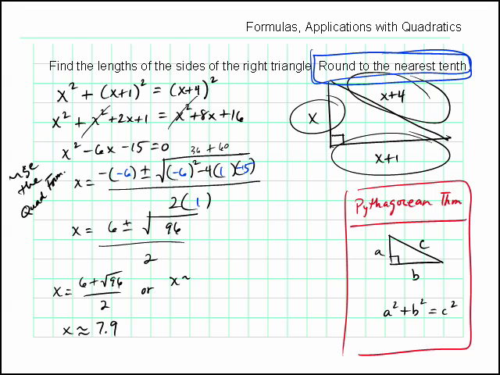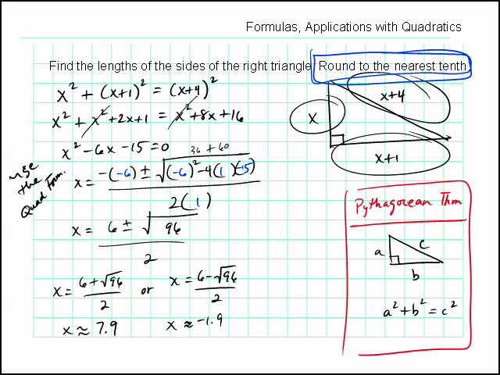If I use the minus sign instead, 6 minus the square root of 96 over 2, and I type that into my calculator, I get approximately negative 1.9.